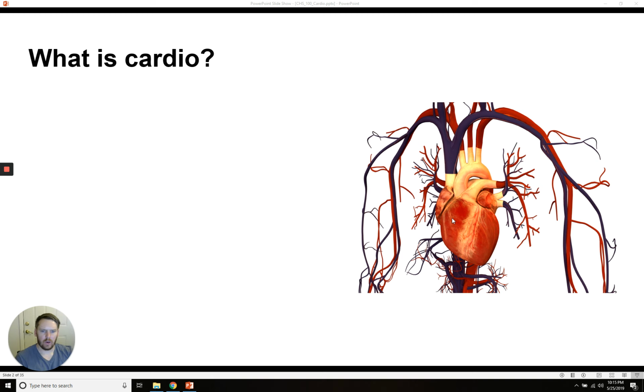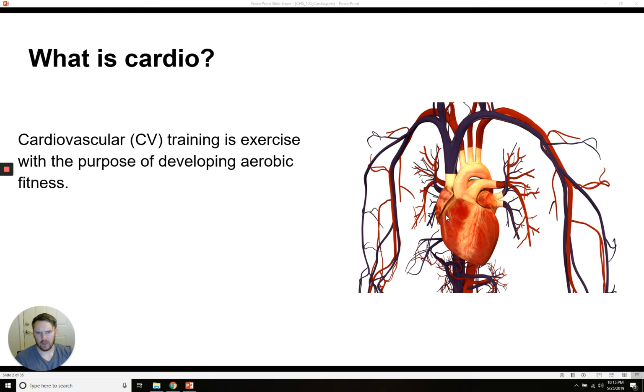So first, what is cardio? Cardio training or cardiovascular training is exercise that is performed with the purpose of developing your aerobic fitness or your aerobic capacity. Basically, your heart is pumping oxygenated blood throughout the different cells of the body.